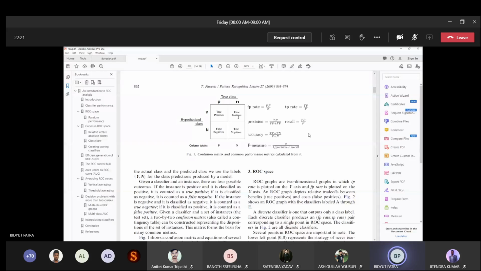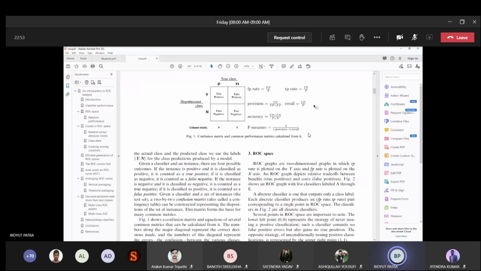In general, the positive samples are much fewer, say for COVID-19, compared to the negative samples. So when you identify the people who are coming, a mixture of positive and negative samples, and finally we say all samples belong to the positive class, then the FP rate will be 1 and the TP rate also will be 1. So this is the extreme scenario where all belong to the positive class.